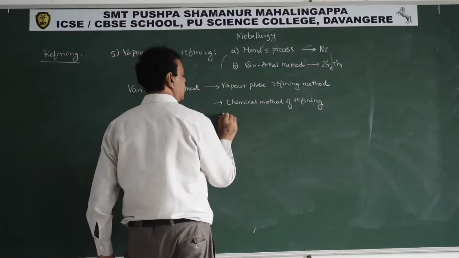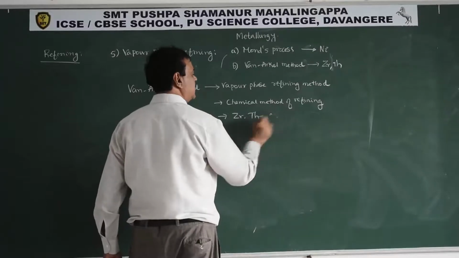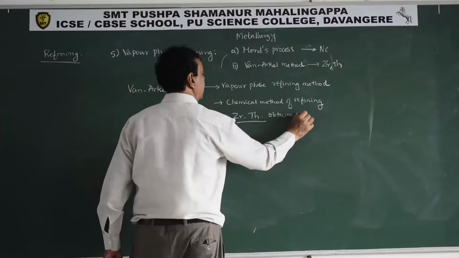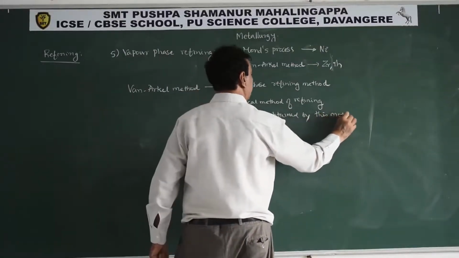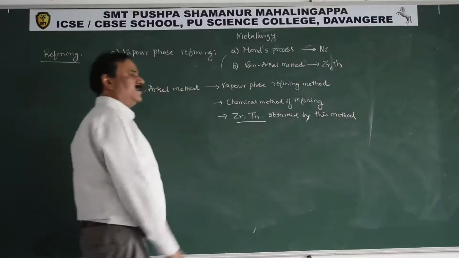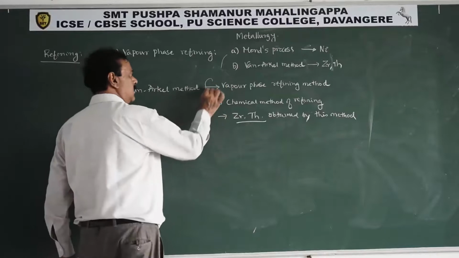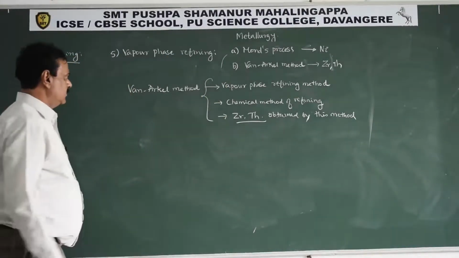Here zirconium or thorium, these metals are obtained by this method. Is it clear? Zirconium and thorium are obtained by this method.